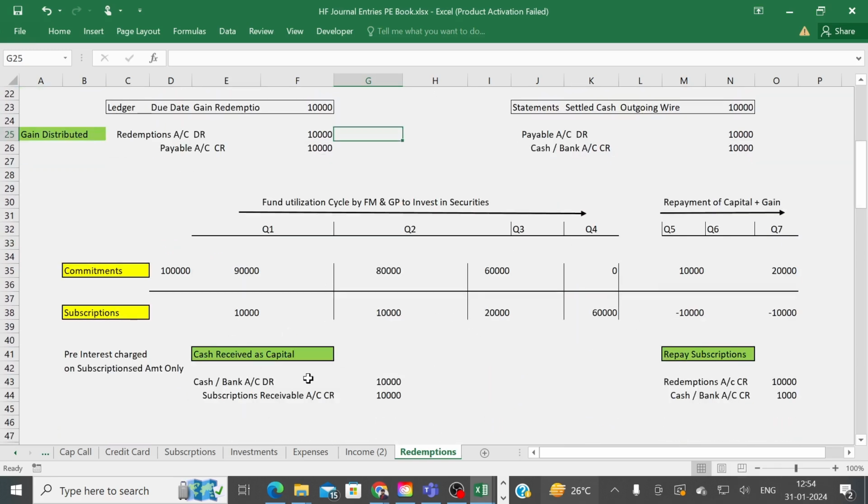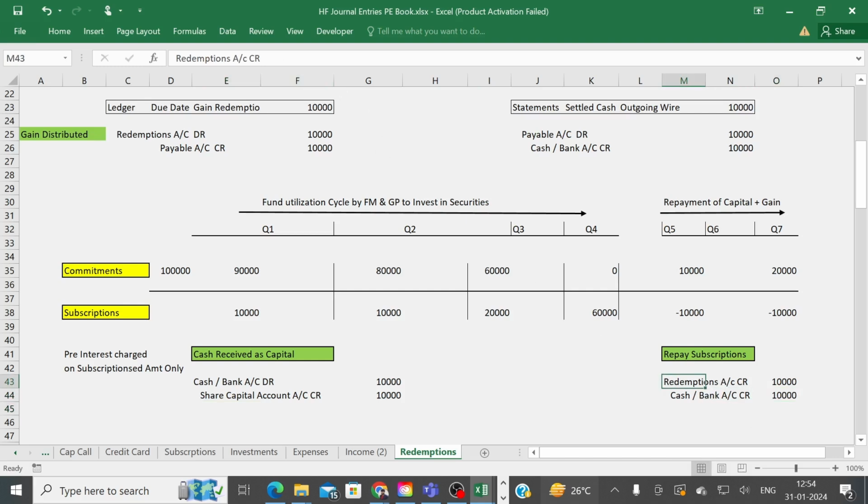So this is just a presentation of how it looks in case the fund raises funds. It looks like cash or bank account debit to share capital account credit. But when you actually repay that payment, it looks like redemption account debit to cash and bank account credit.